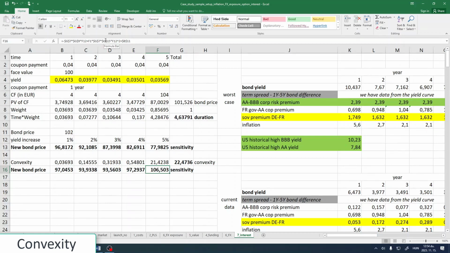Why are you increasing here? Okay, I fixed the bond price, so it cannot be a problem. Convexity, we are moving this sideways and it was moving sideways. So this is supposed to be a result, not a bug. It is sensitivity analysis.